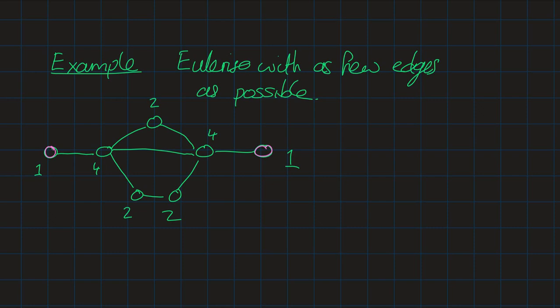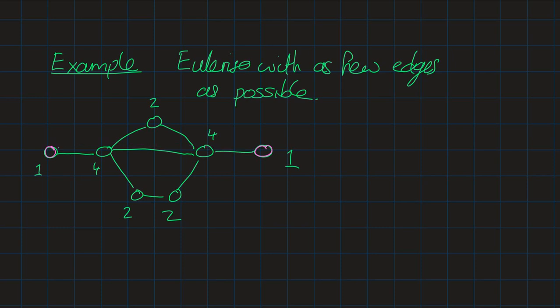And I have choice. I could choose that path, or that path, or that path. But the question explicitly asks you to Eulerize with as few edges as possible. So I want to choose the shortest path, which I think is just this path right here. This path only uses 3 edges.